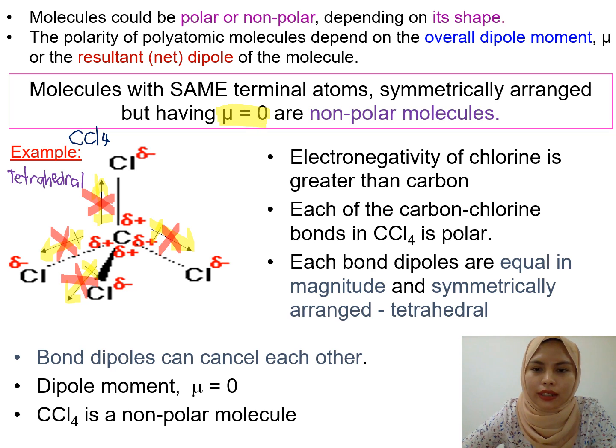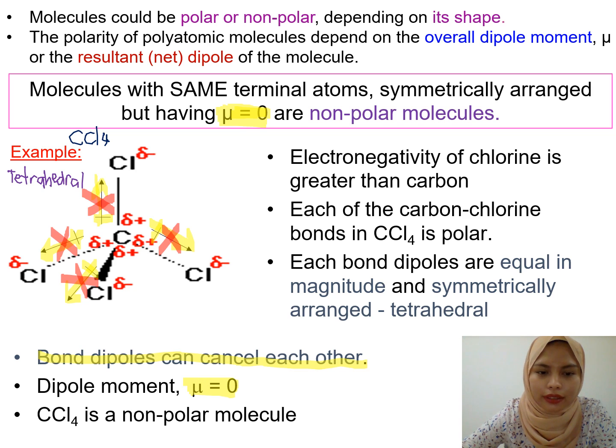Okay, lepas tu bila overall dipole moment dia tiada langsung, sebab bond dipoles tu boleh cancel out each other, therefore the overall dipole moment will be tiada dekat molekul tersebut, and this will make the CCl4 as a non-polar molecule.